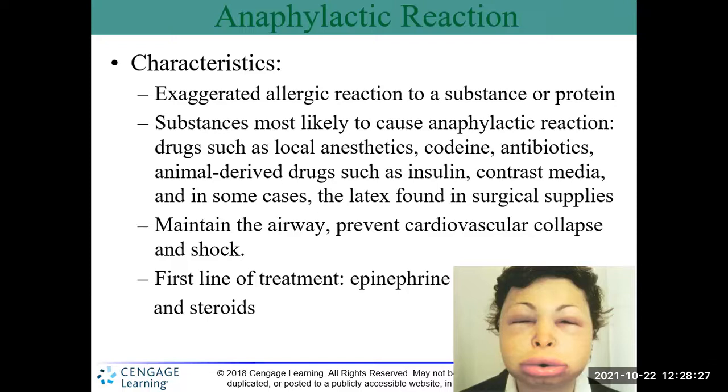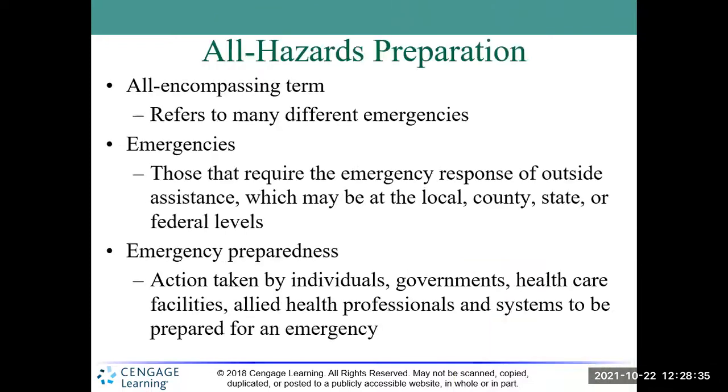First line of treatment is going to be epinephrine to try to reduce that, and steroids to try to reduce the inflammation. And then all hazards preparation. So this is many different types of emergencies. It could be something outside of a hospital, including things that happen in the local community, the county, state, or even on a federal level.